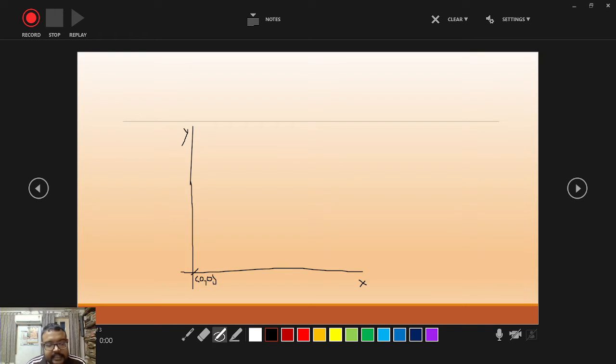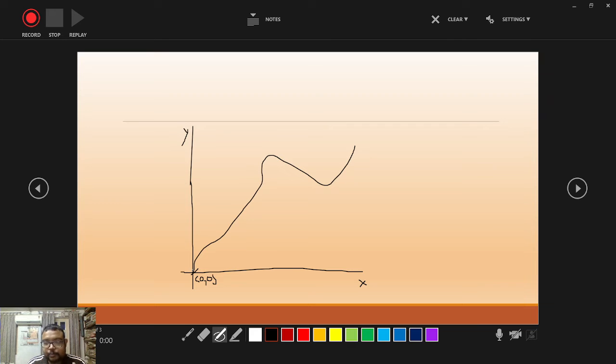Based on this, we always plot or draw some graph, and whatever operation we perform, we perform based on this, considering this as our origin.